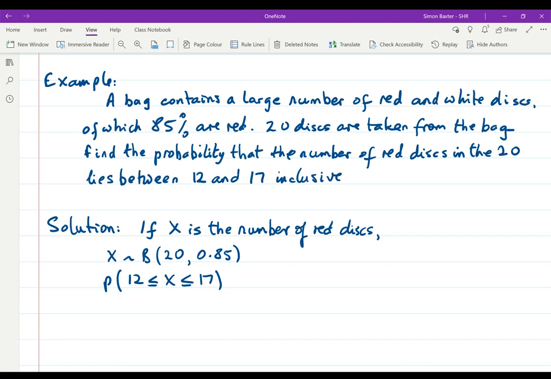So we need to turn the problem backwards, and instead of looking at the number of red discs, we need to look at the number of white discs. So let's now consider Y is the number of white discs.